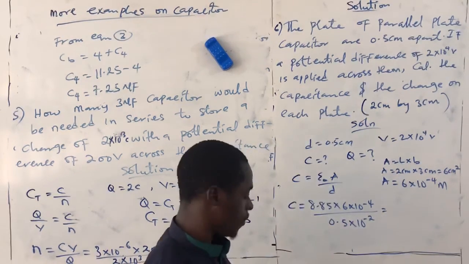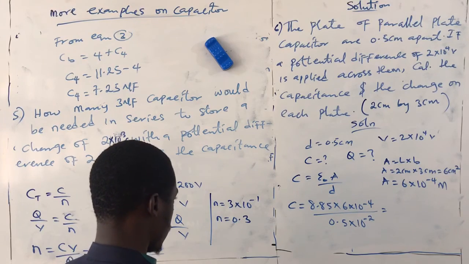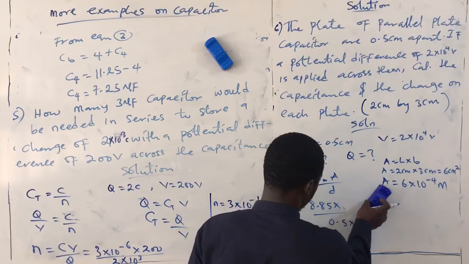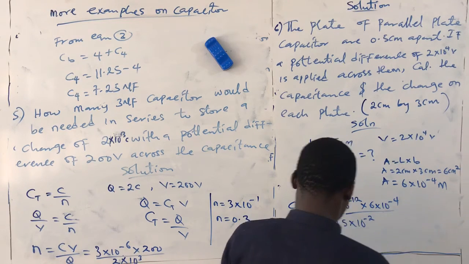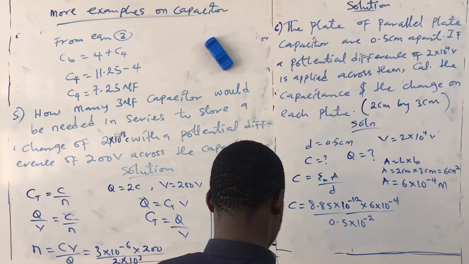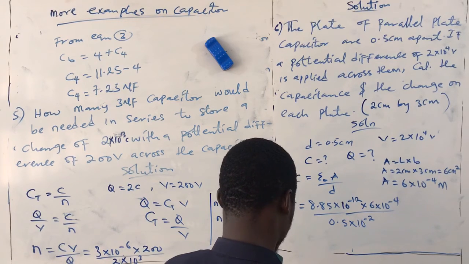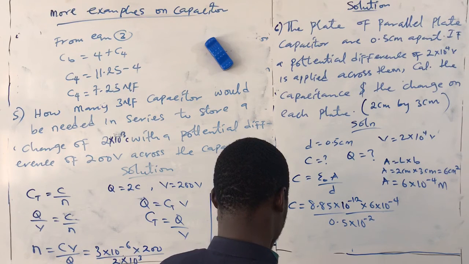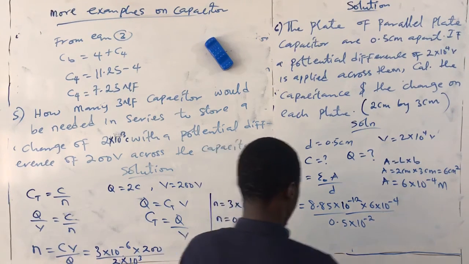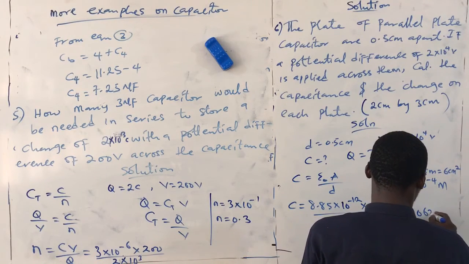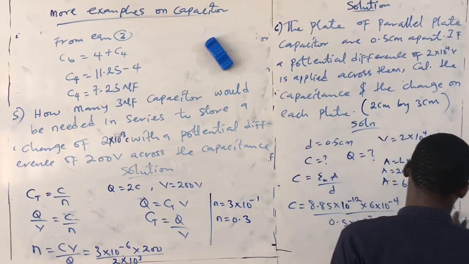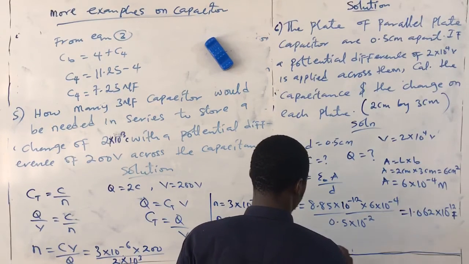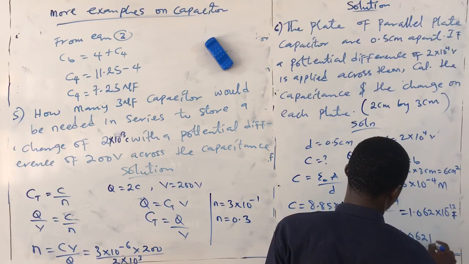If we put this correctly, this is 1.062 times 10 raised to power minus 12, sorry, farad. So this one is the same thing as 1.062 picofarad.